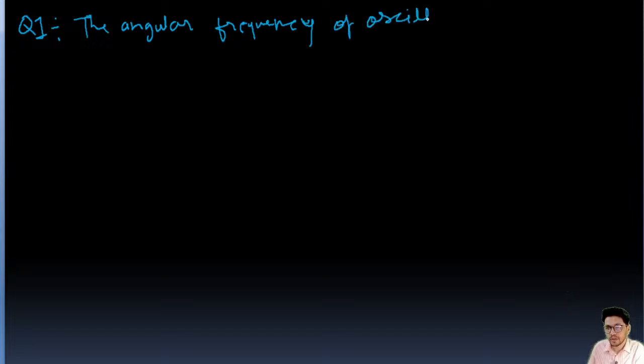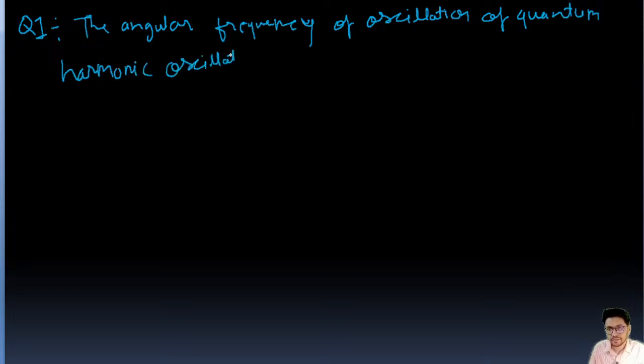The angular frequency of oscillation of a quantum harmonic oscillator in two dimensions is omega.